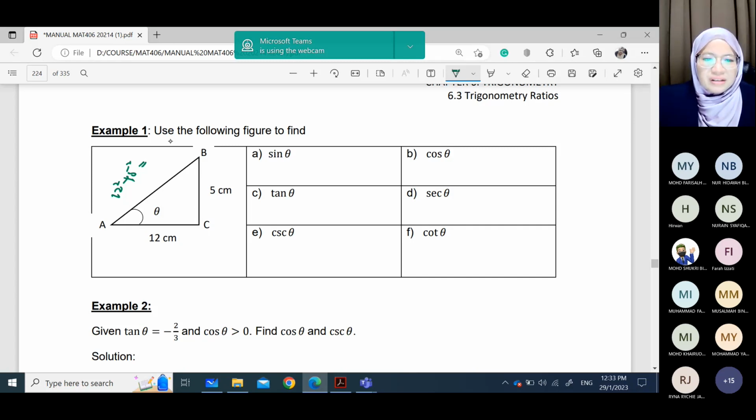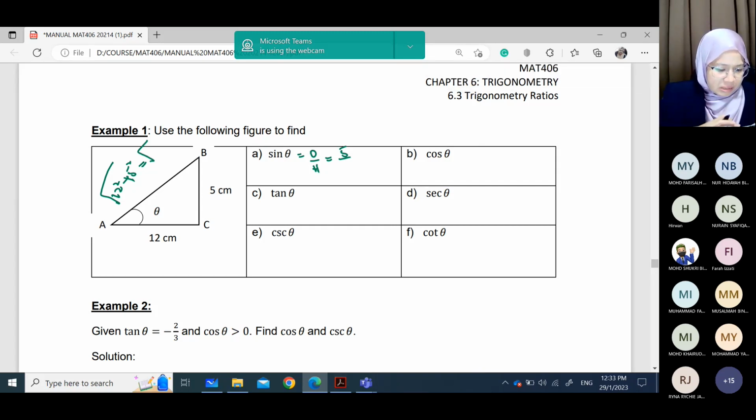So sin theta, nanti yang lain you buat sendiri. So sin theta adalah opposite over H. So opposite is 5 over H. Over H dekat sini is square root 12 squared plus 5 squared.